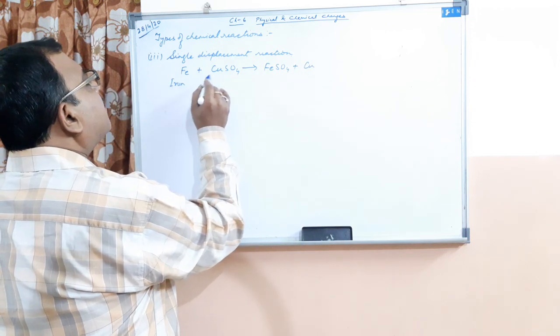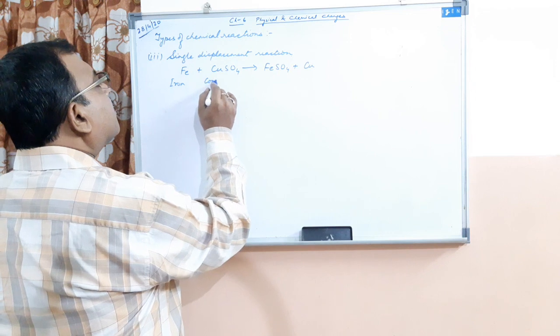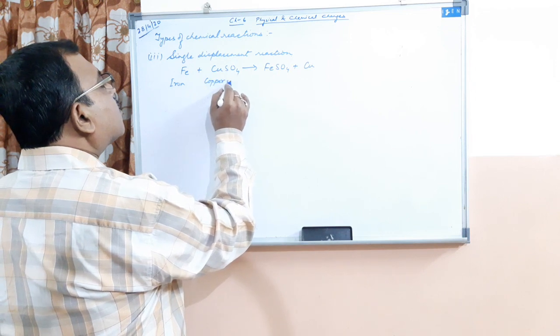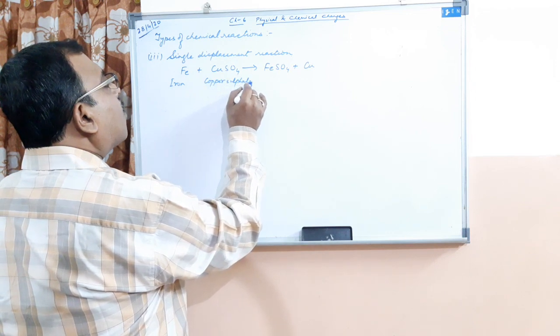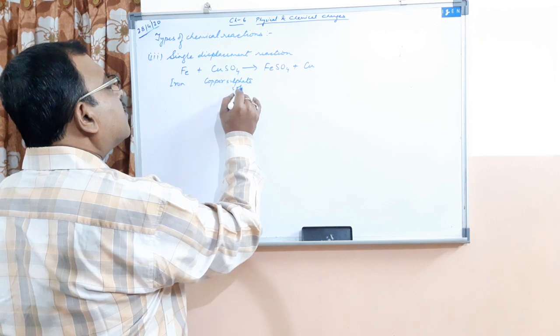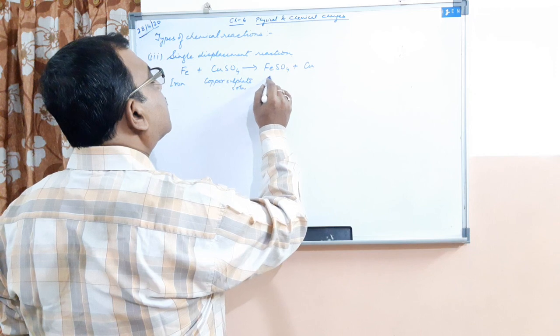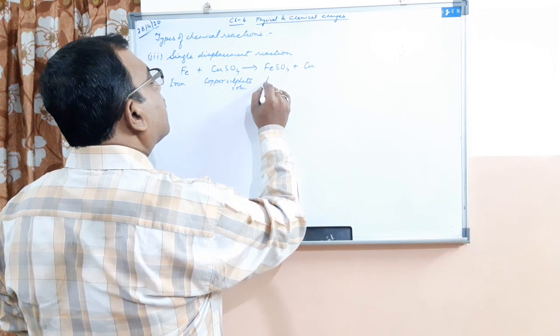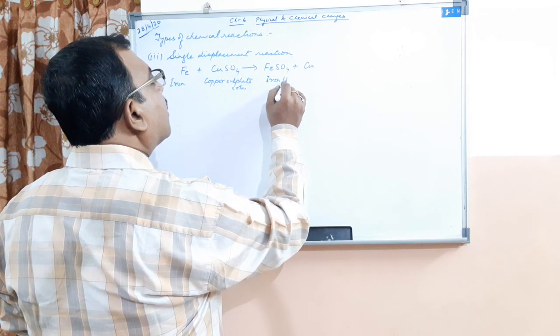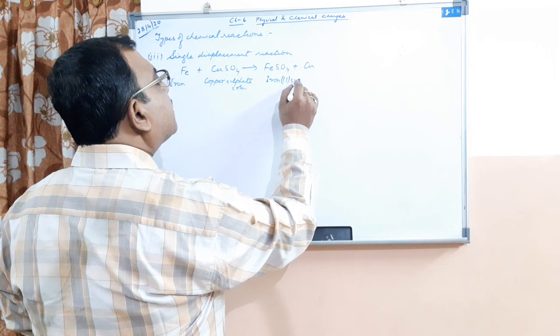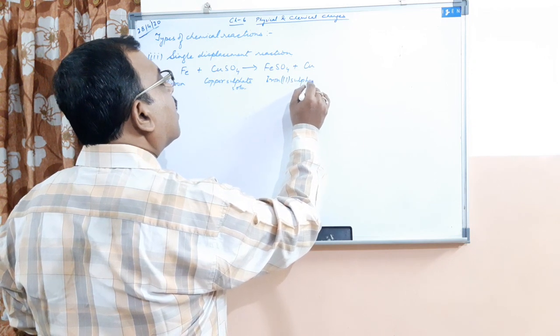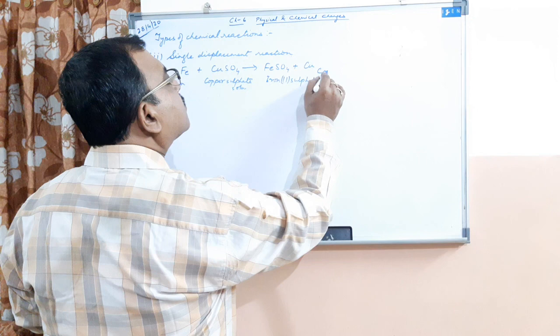So this is iron, this is copper sulfate solution, this is iron 2 sulfate, and this is copper.